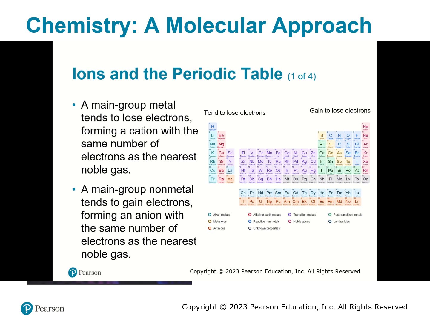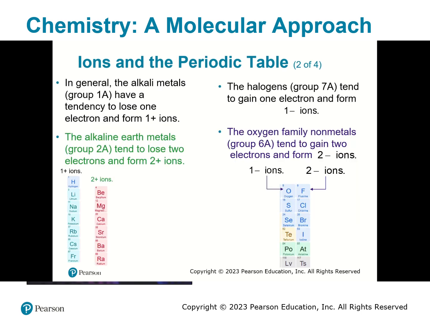So the group 1 will form ions with positive charge. In general, they have a tendency to lose one electron and form 1+ ions. In the second group, they tend to lose 2 electrons and form 2+ ions. The halogens tend to gain 1 electron, forming anions.